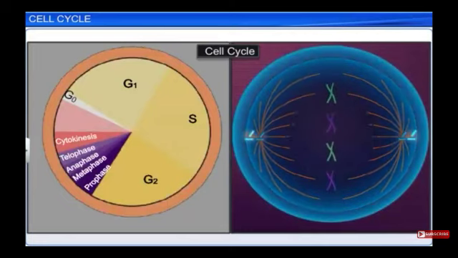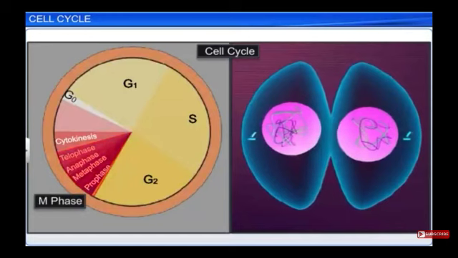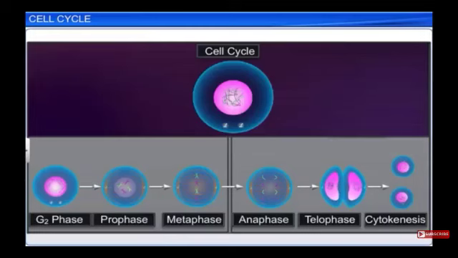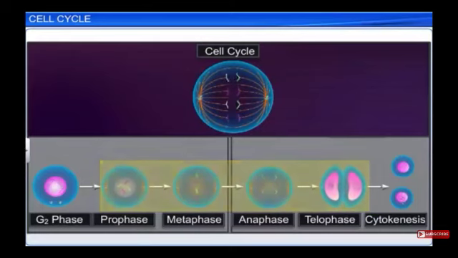The next phase of the cell cycle is the M phase, also known as the mitotic phase, where the actual cell division takes place. The mitosis phase begins with the division of the nucleus and hence it is also known as karyokinesis.